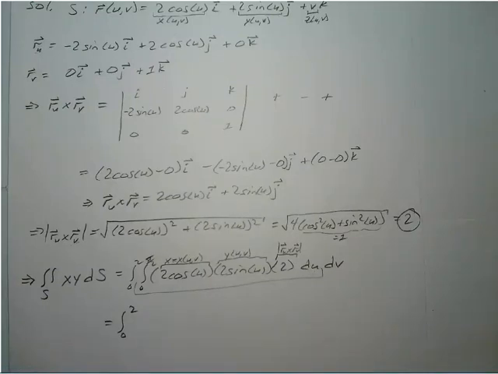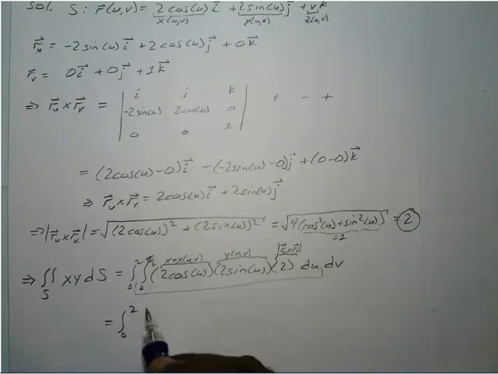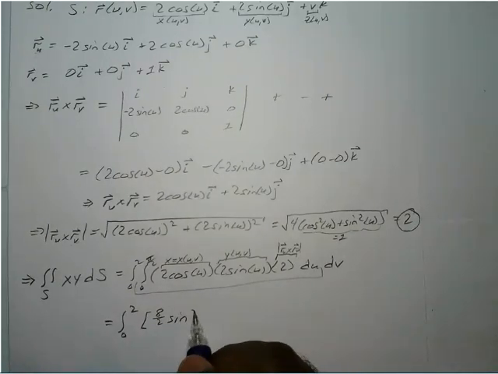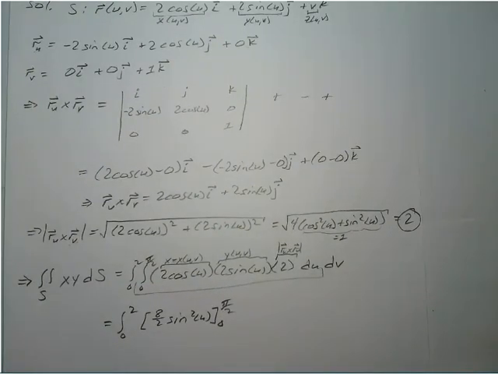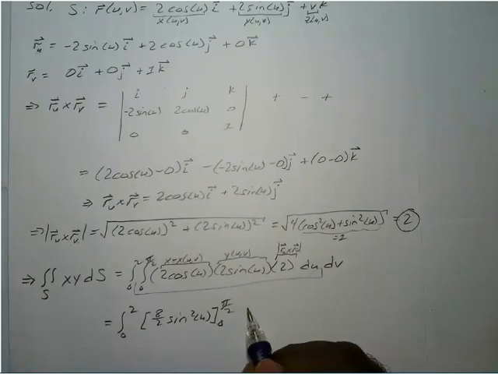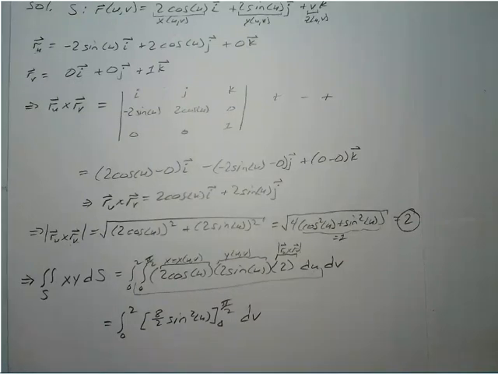And remember, using our u substitution, that's where that will come in. So we end up with 8 over 2 sine squared u from 0 to pi over 2. Oh, and forgot our dv.